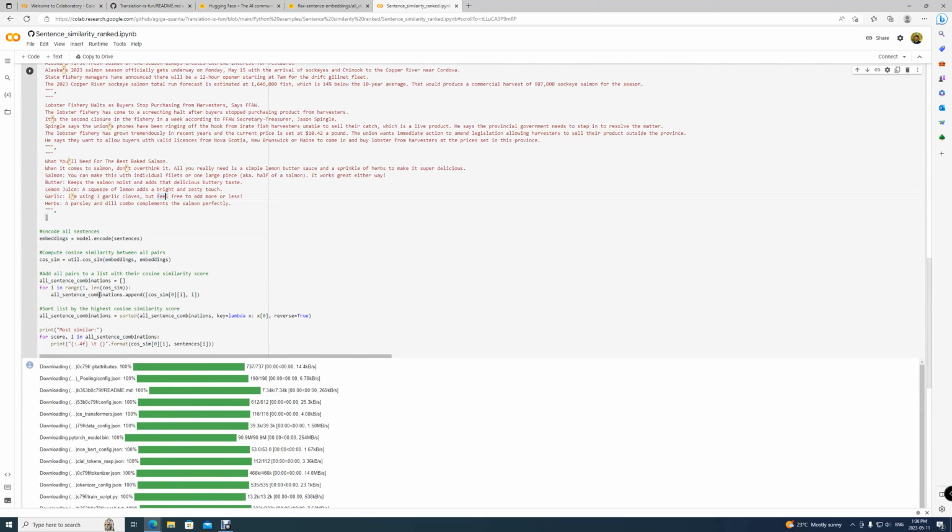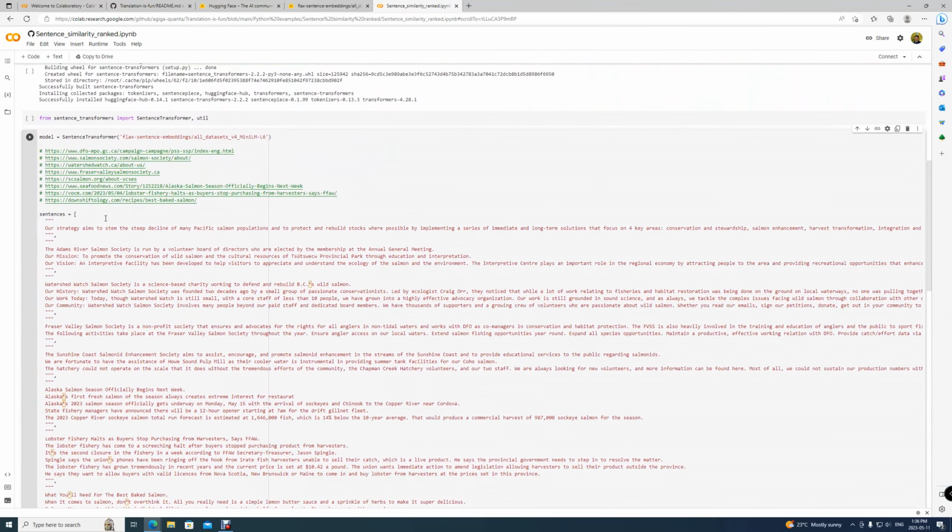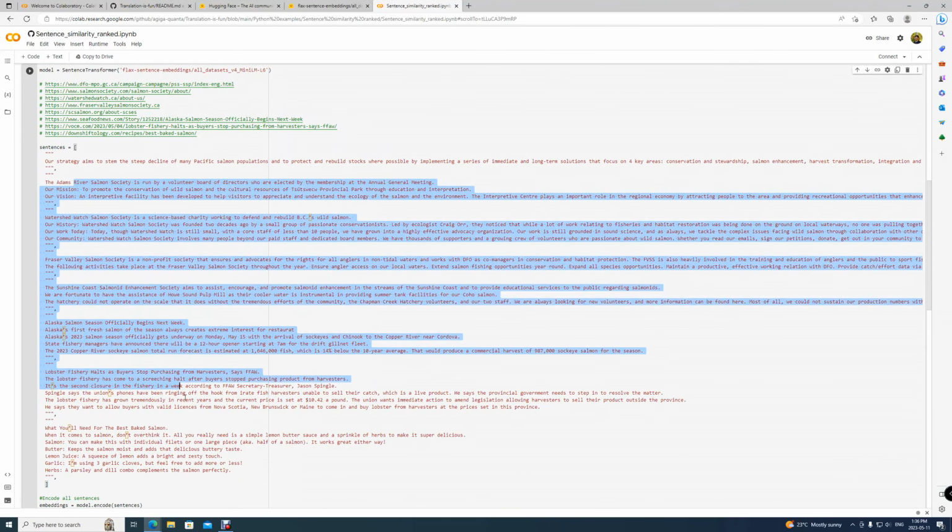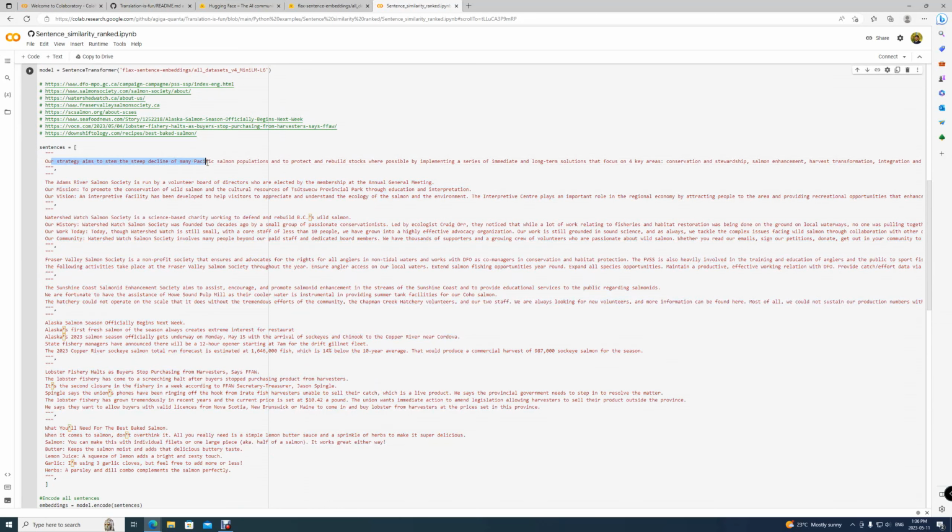The only difference is right here, where after running our cosine similarity, we will be appending, but only between cosine similarity's first element and the rest of the sentences. What this means is that we're comparing all of the following sentences to the first one. Our strategy stems from the steep decline of many Pacific salmon populations, and so on.